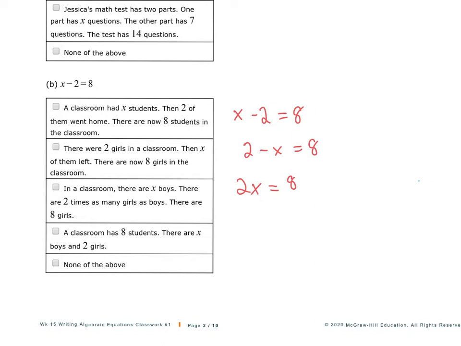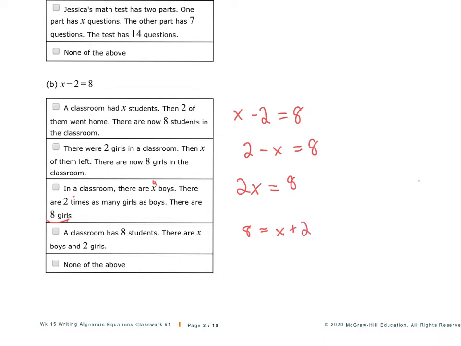If we solve this, it would be 4 boys. Sometimes solving it makes more sense. There are 4 boys, but there are 4 times 2, so there are 8 girls. A classroom has 8 students. There are X boys and 2 girls, so there are 8 total. So X plus 2 equals 8.